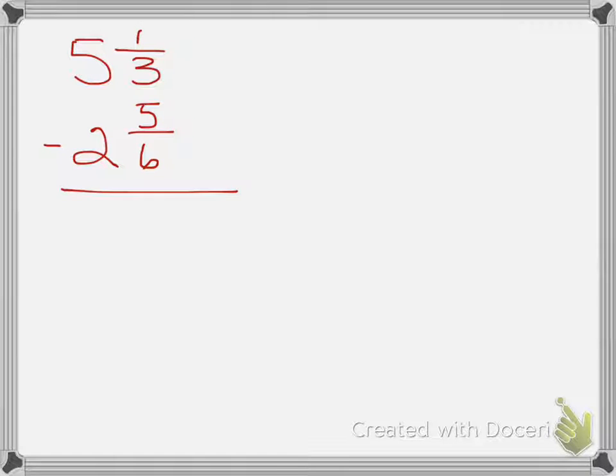But let's go to our next page and let's write that out. So it's 5 1/3 minus 2 5/6. So it's subtraction, so we need a common denominator. And if I look, I have a 3 and I have a 6, and they are not common. So the first thing I want to do is ask myself, does the smaller number divide evenly into the higher number?